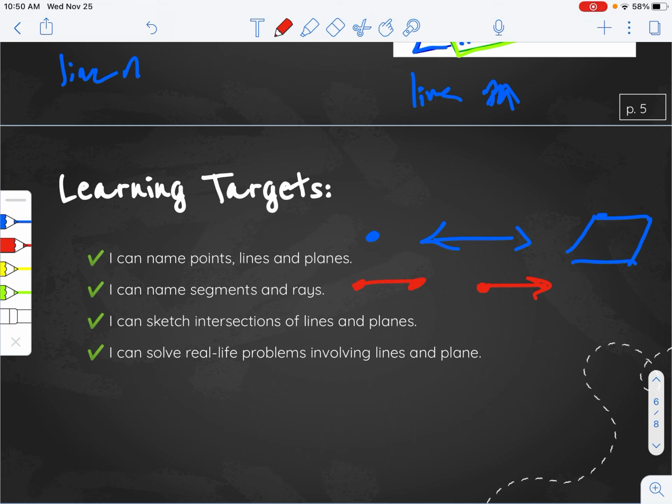And remember, with a segment, if it's AB, we just put a line on top. With a ray, if it starts at point A and goes through point B, AB with that arrow.